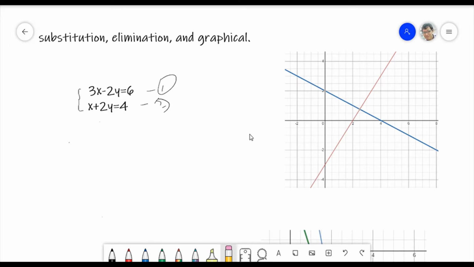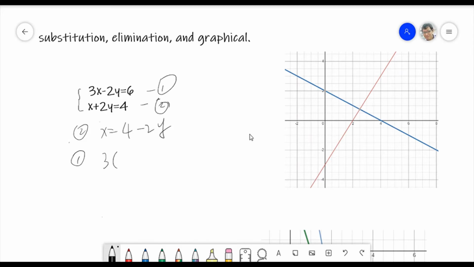We can see here equation 1 and equation 2, right? Very simply, based on equation 2, x equals 4 minus 2y, right? So what we're doing is taking x equals 4 minus 2y into equation 1.